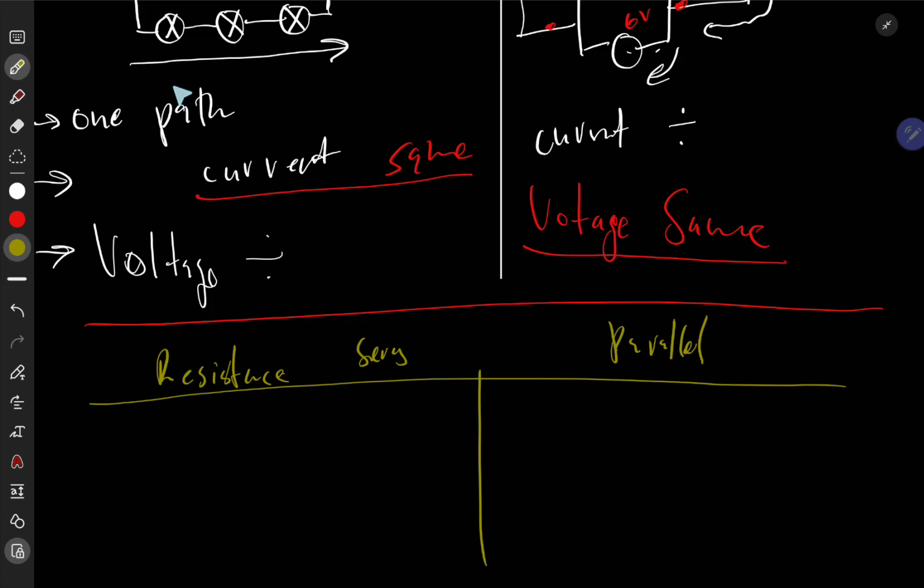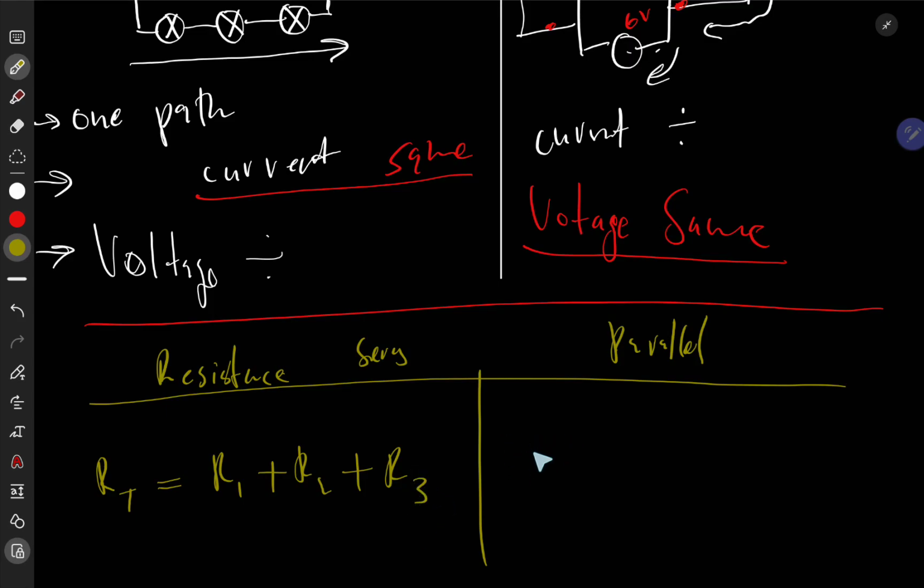Since the current is one line, for series connection the total resistance you can get by adding resistor 1 plus resistor 2 plus resistor 3. I was going to say resistor n, but I don't want to complicate things.